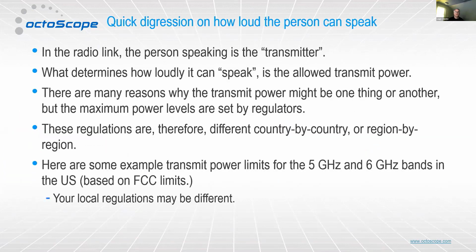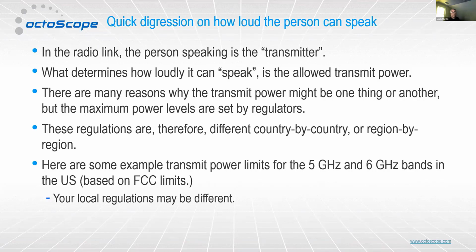Okay, so in that previous slide, I talked about that person speaking, and you can see that person was shouting in the picture that I showed, to represent a person speaking as loud as he possibly can. So let's translate that a little bit into wireless.